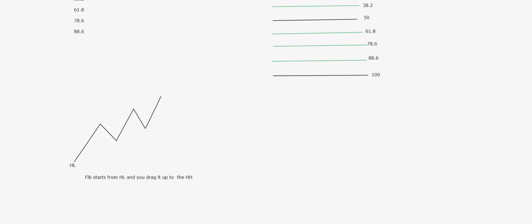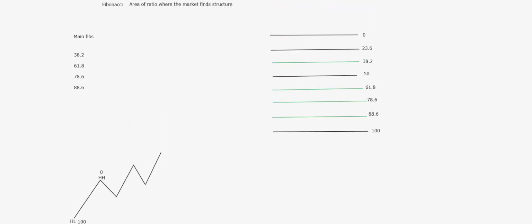The high low will show 100% on the fib level, and the higher high will show 0%. So if we look up here, your high low would be at 100% and your higher high would be at 0%.